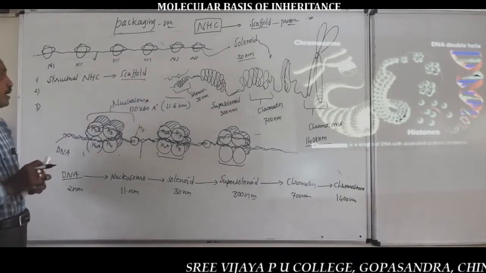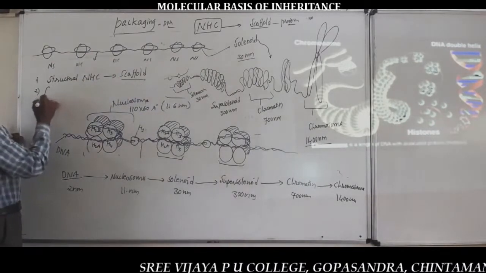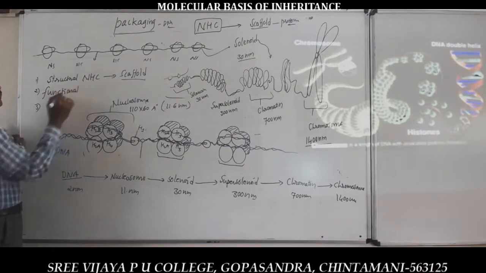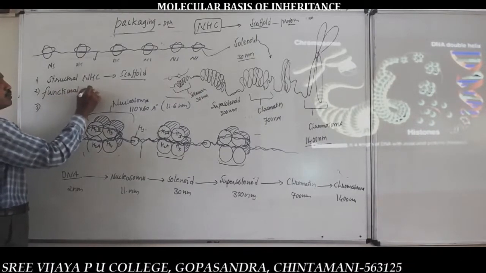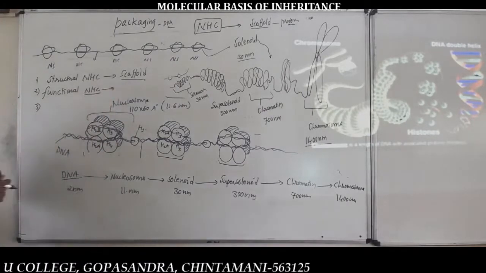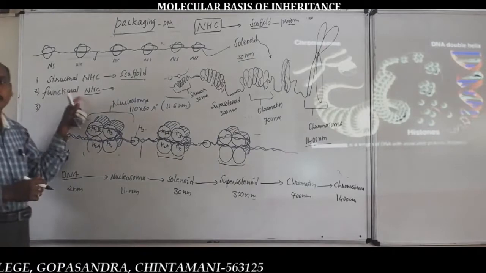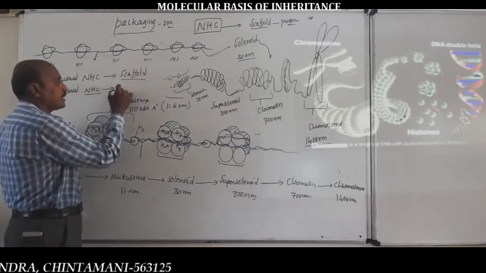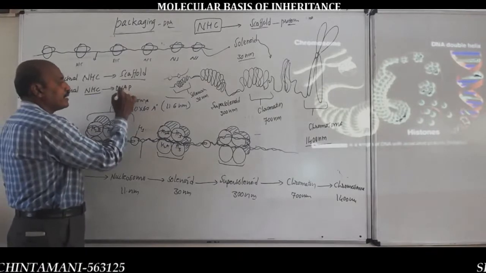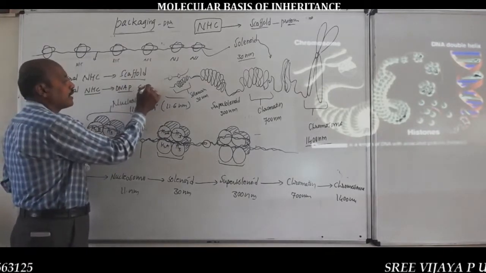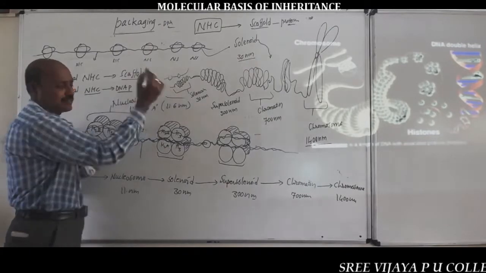And the next one is the functional NHC, functional non-histone chromosomal proteins. Your examples are DNA polymerase, DNAP, and RNA polymerase, RNAP.